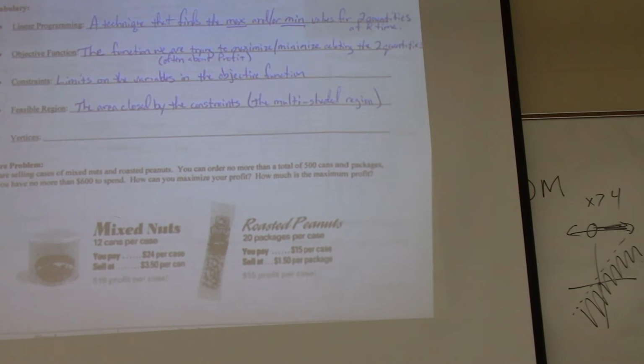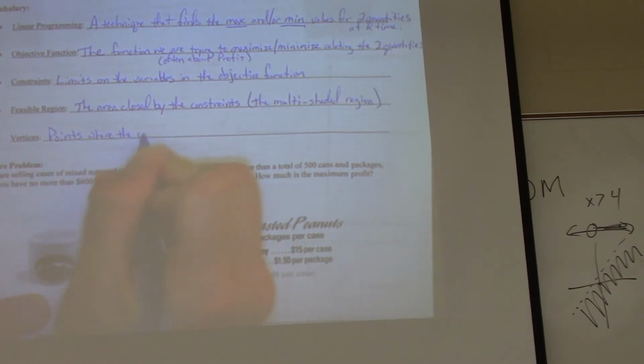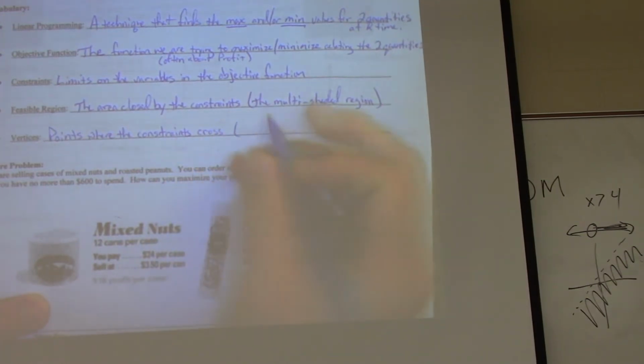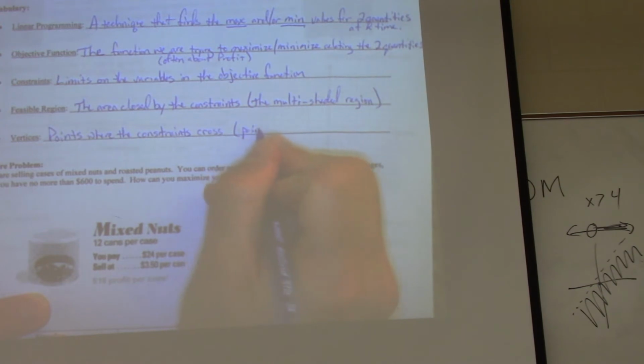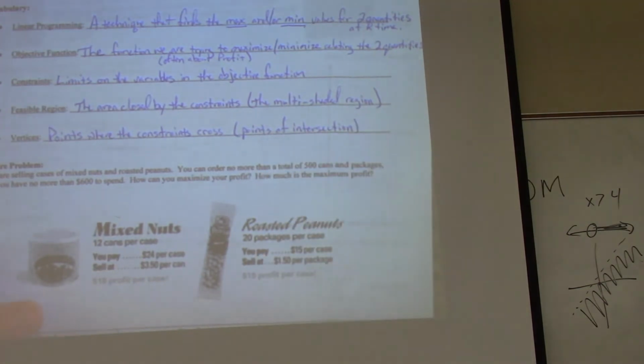Vertices. Vertices are points where the constraints cross, otherwise known as points of intersection. So remember we did 6.1, that graphing assignment, where you had to actually find the point of intersection. That's the same kind of thing I'm talking about.